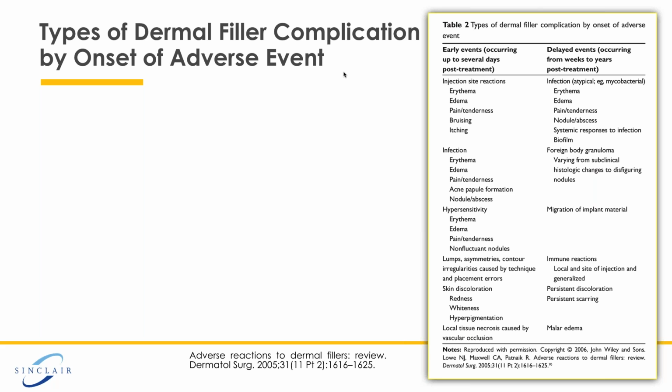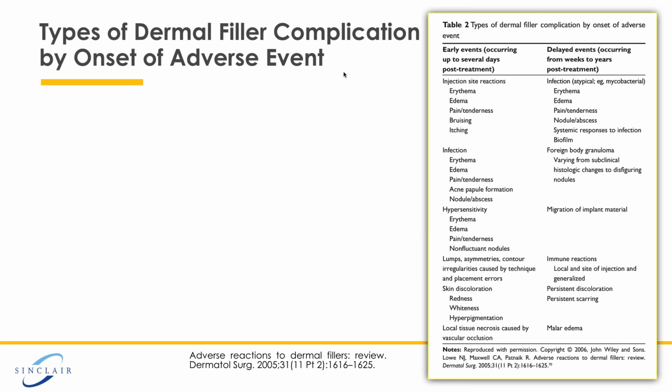Generally, the adverse events of dermal fillers are classified by the time of onset. Those that occur up to several days post-treatment are early events, including injection site reaction, infection, hypersensitivity, irregularities, skin discoloration, and vascular events.